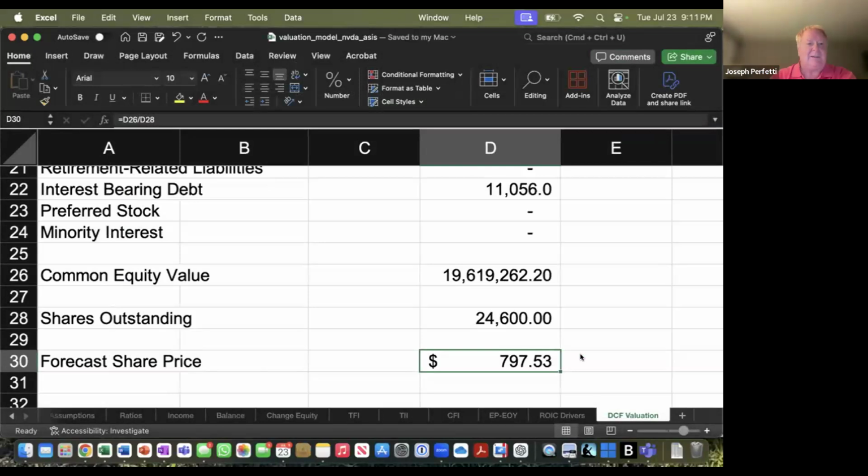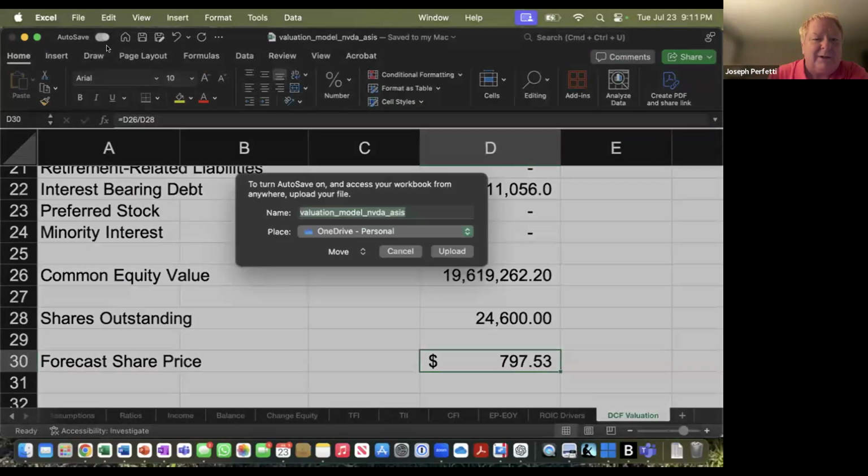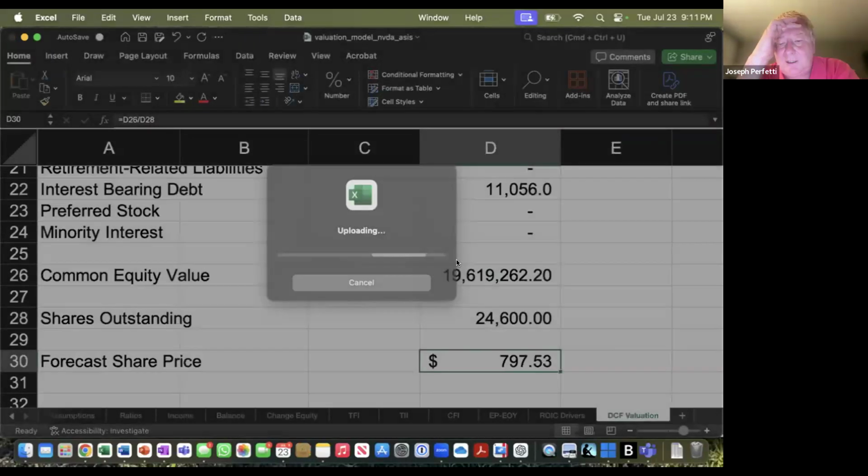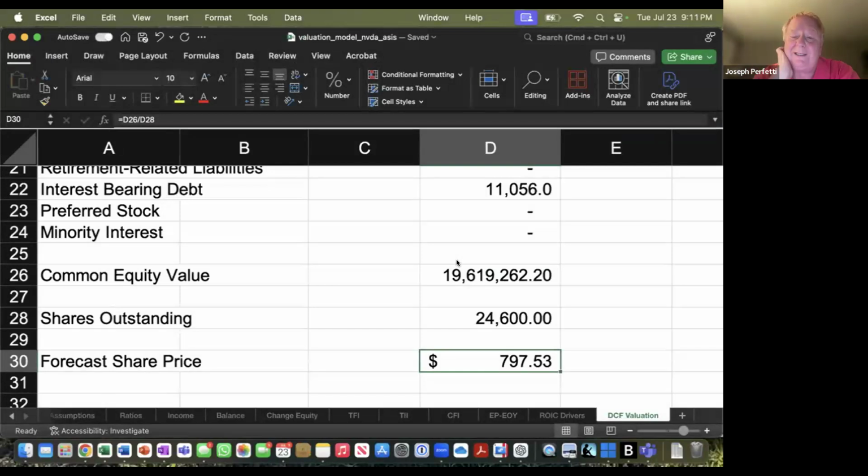Make sure I save this. What this represents is we're going to try and model out Nvidia's current share price so that our share price in our valuation model exactly matches the share price in the real world of Nvidia today.